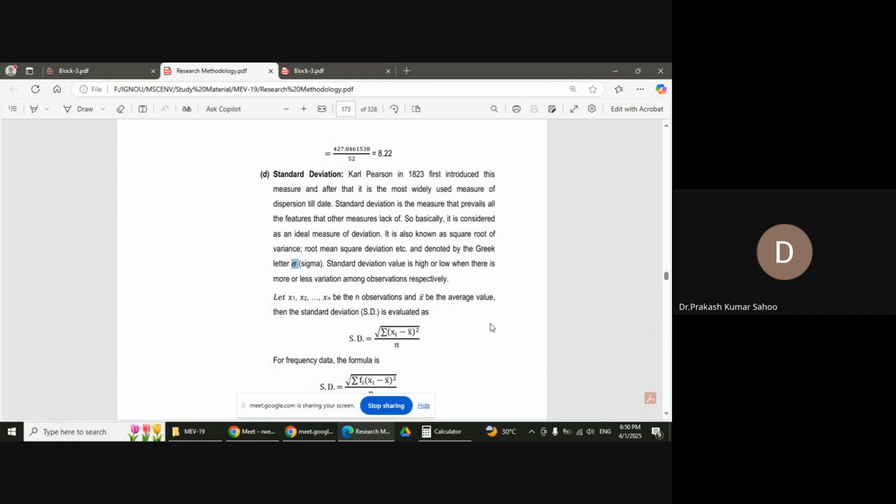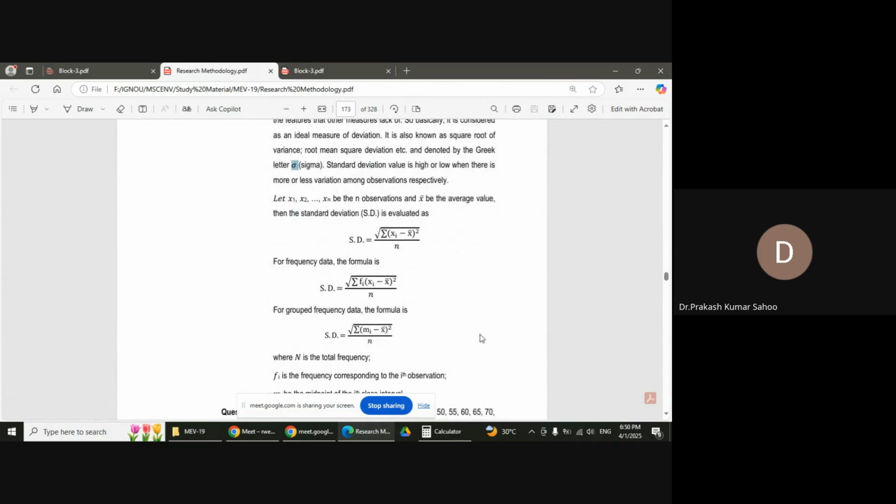Standard deviation value is high or low when there is more or less variation among observations respectively. Standard deviation is equal to the square root of the sum of (xi minus x bar) squared, divided by the number of observations, n.